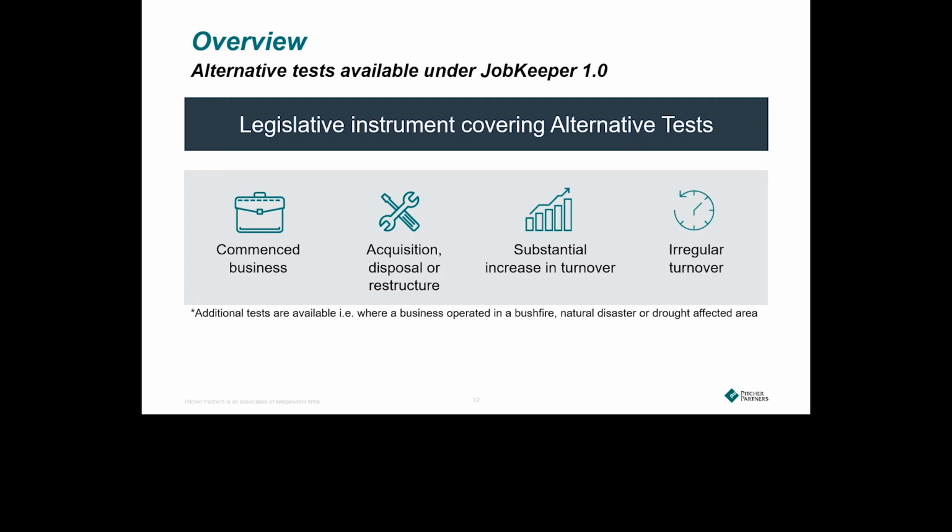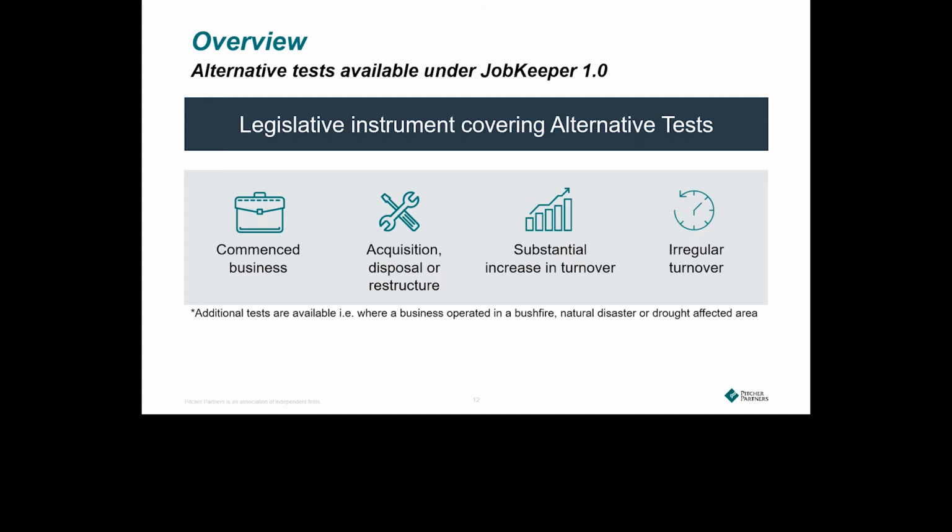A third test was you would look at whether you'd had substantial growth in your turnover up until essentially the COVID period. And if you had that growth, a comparison period which was 12 months before your current period may not have been reflective because you've had substantial growth over the last 12 months. So again, you got to select a different comparison period.